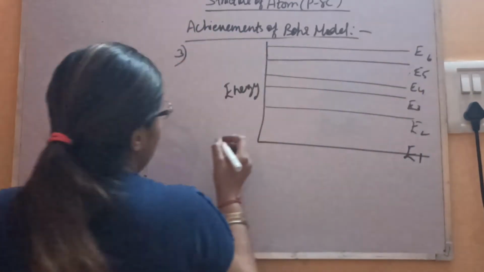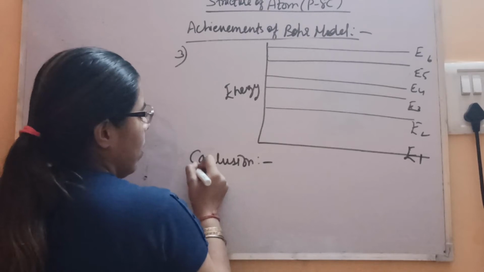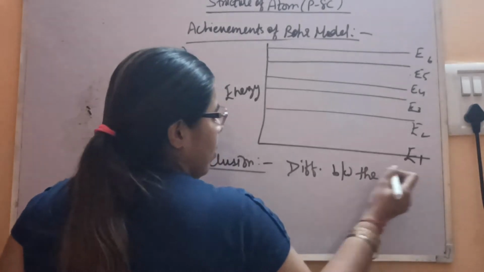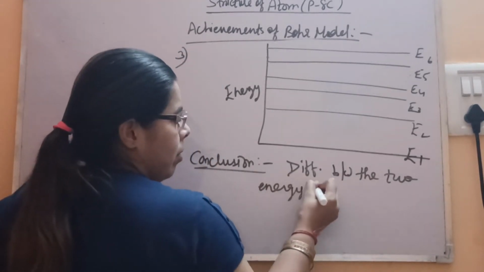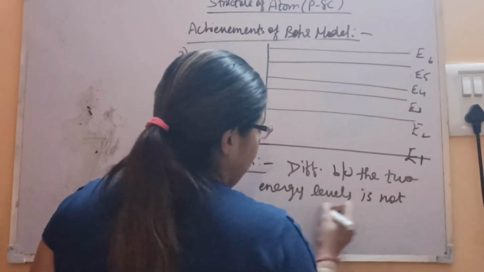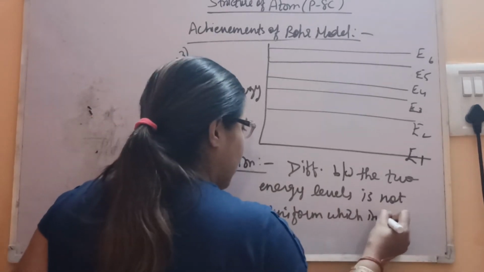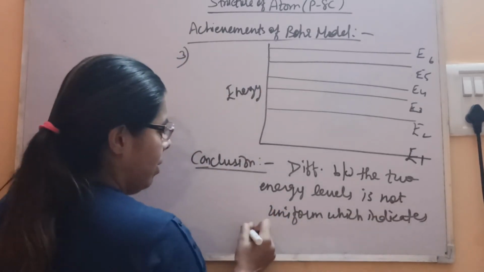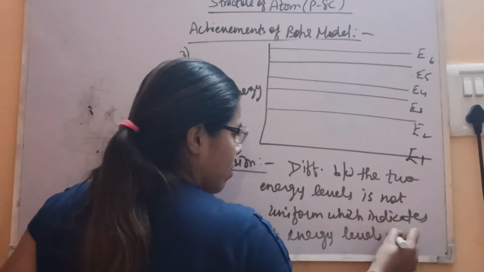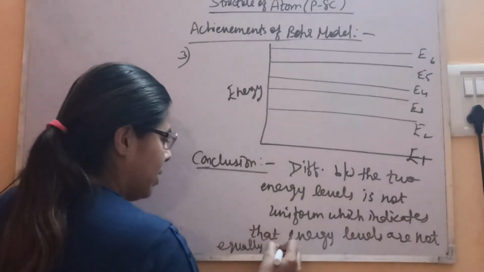Because the difference here, conclusion: the difference between the two energy levels is not uniform, which indicates that energy levels are not equally spaced.